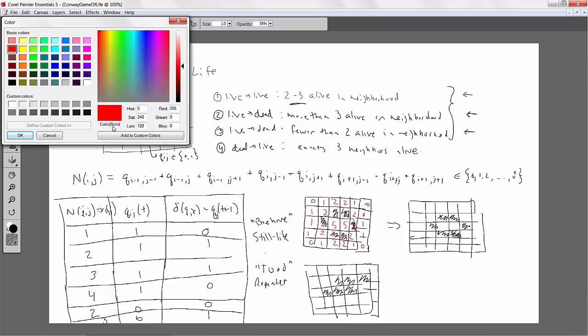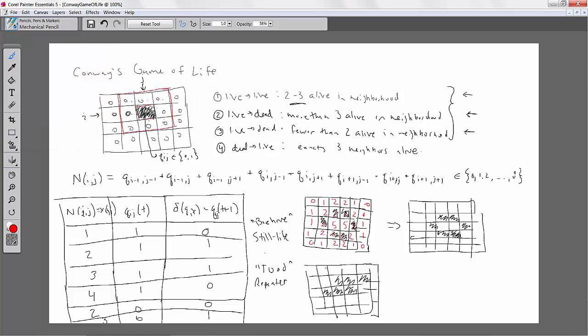So if we go through the same process to count up the number of neighbors for this toad pattern, we can say, okay, this one has 0, 1, 2, 3, 2, 1. This one has 1 neighbor here. This one has 3. This one has 4. This one has 4. This one has 2. This one has 1. This has 1 alive neighbor. This one has 1 alive neighbor.